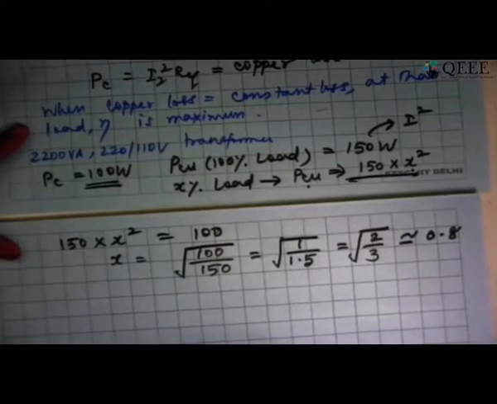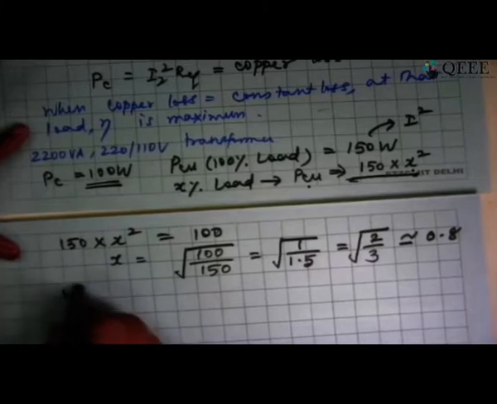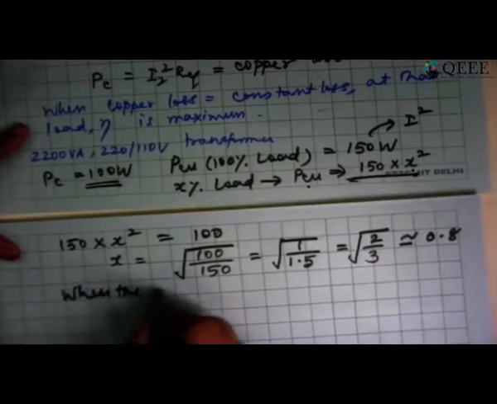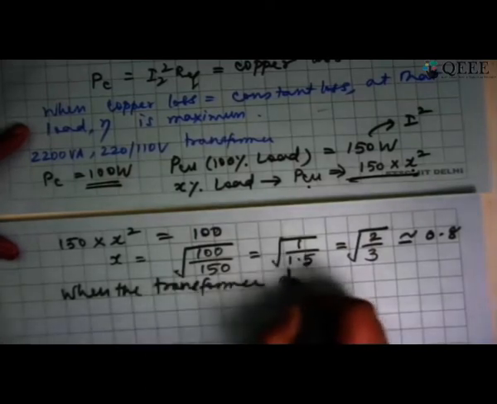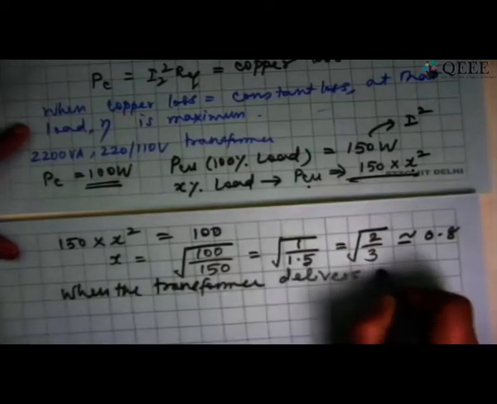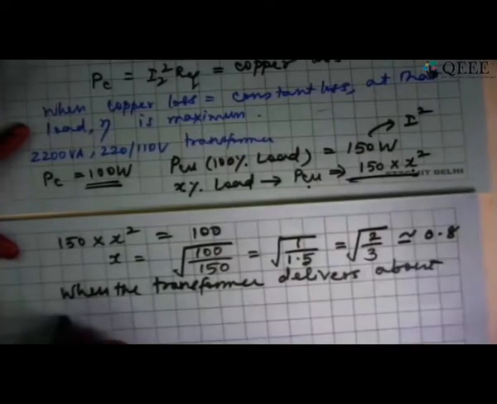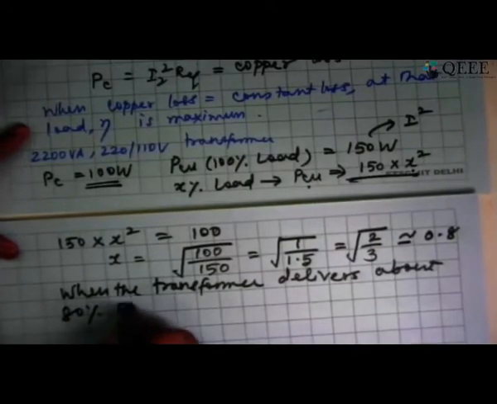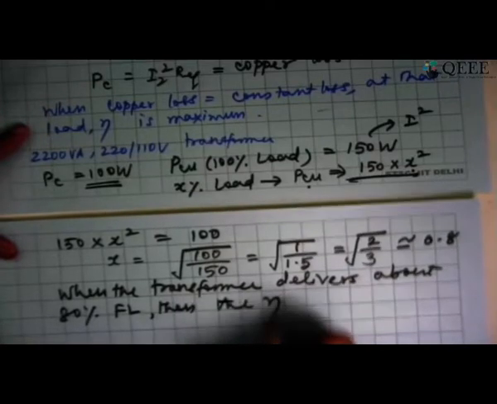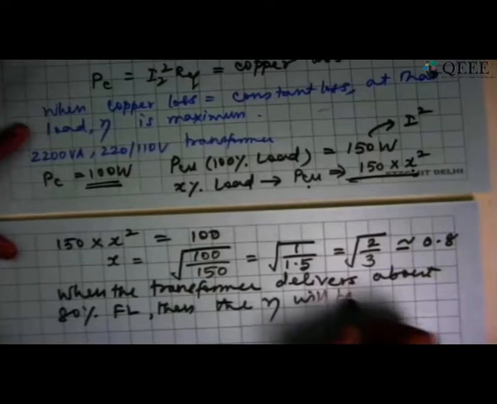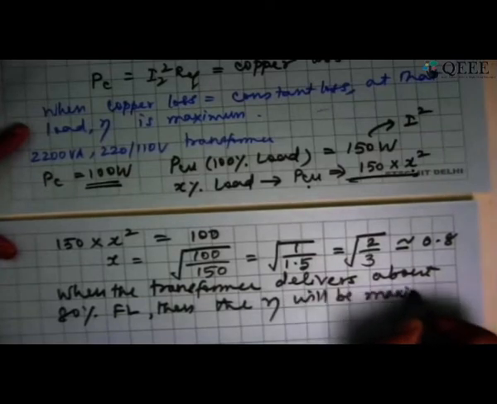So if this is 0.8, I can say that when the transformer delivers about 80% of full load, then the efficiency will be maximum.